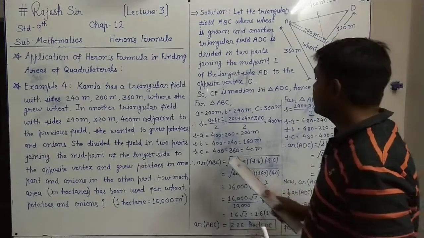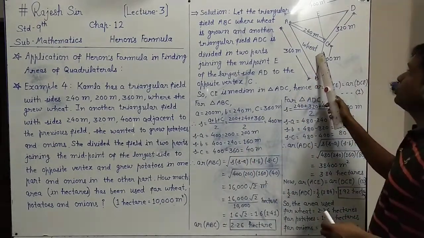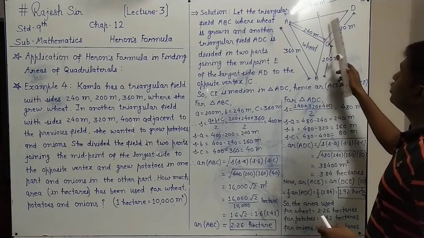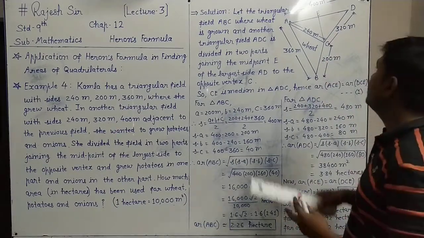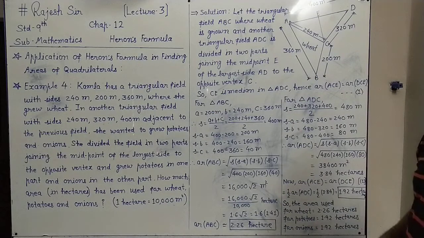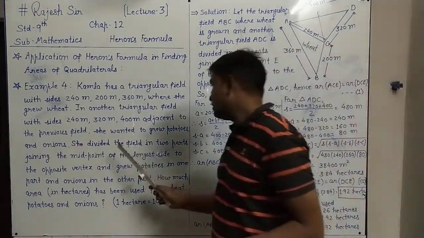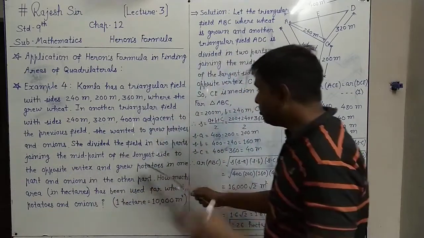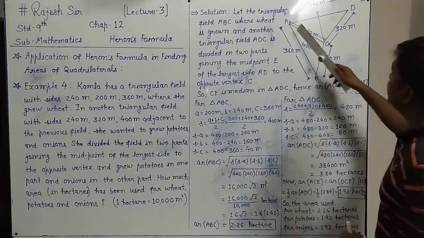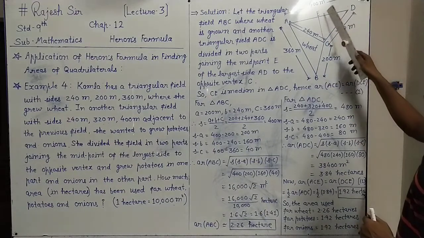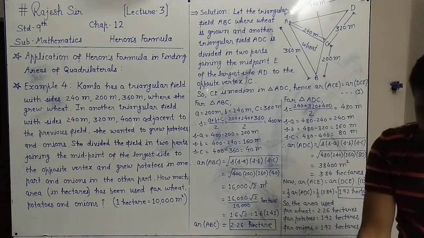Now, what she has done here: she has grown wheat in triangle ABC, and in the remaining triangle ACD she wants to grow potato and onion. She divided the field into two parts by joining the midpoint of the longest side. The longest side of this triangle is 400 meter and its midpoint is E, as shown here.